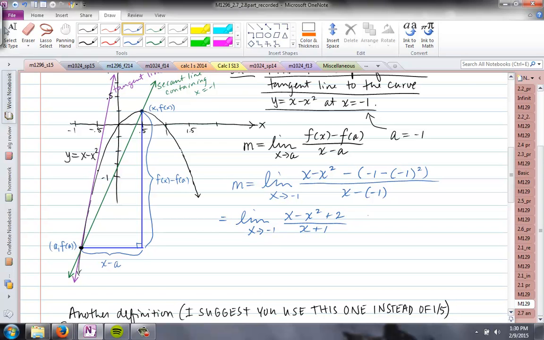Now that we have a simpler view of the function, let's try to plug in -1 to take this limit. What happens? I'm not going to show all the work here, but you can convince yourself you get 0 over 0, which is indeterminate form.